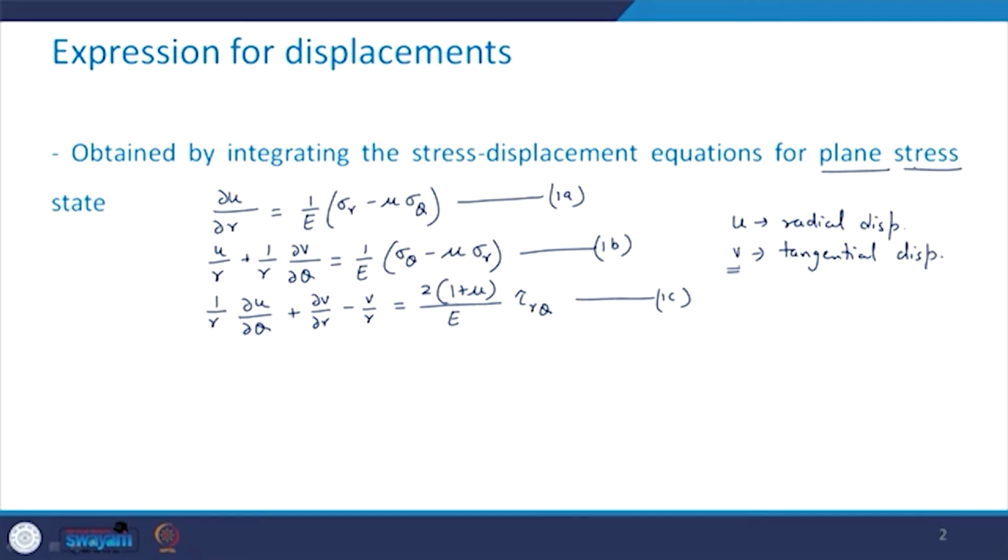We had equation number 12 where the expressions for sigma r, sigma theta and tau r theta were given. Let us substitute them in these three equations, that is 1a, 1b and 1c.